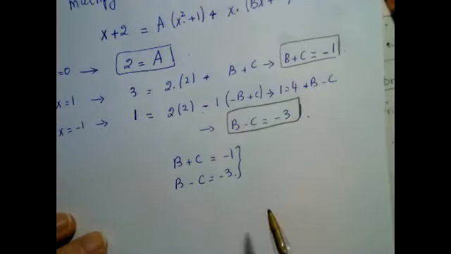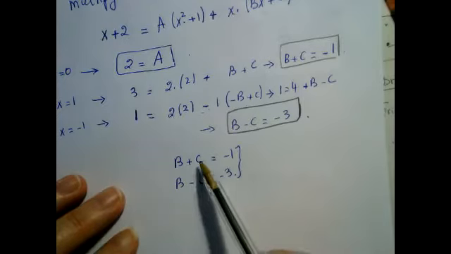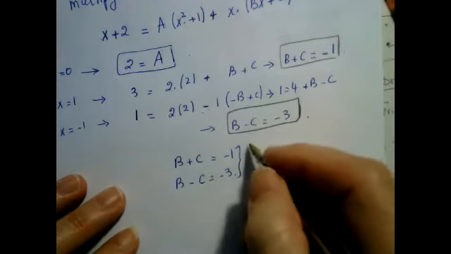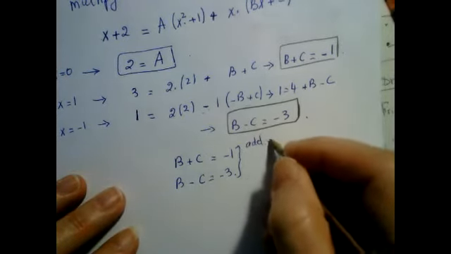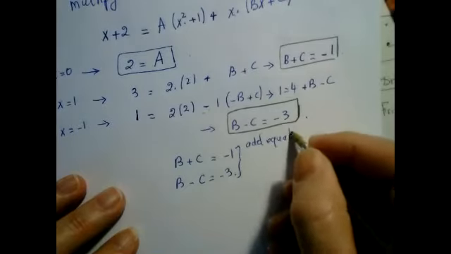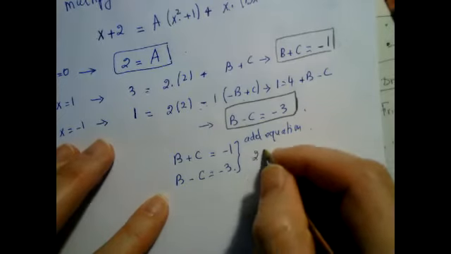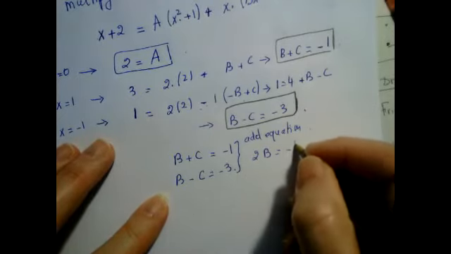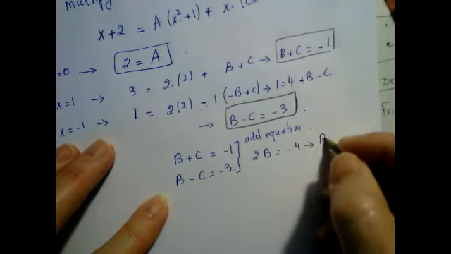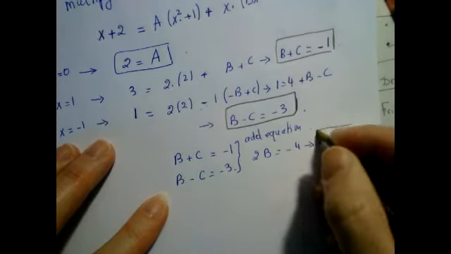If you add the two equations together, exactly. Just add them, plus C minus C. That's the easiest way. I will have 2B equal minus 4. I get B equal minus 2.